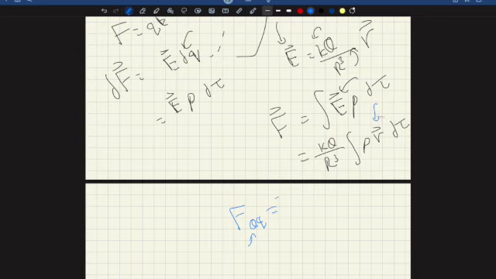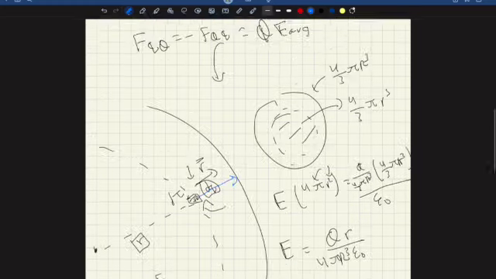We'll replace this all by the dipole moment, so it'll be k times the dipole moment of the charge distribution times capital Q all over capital R cubed.